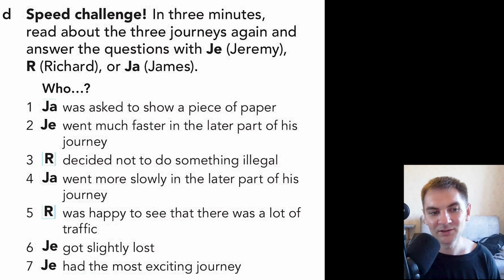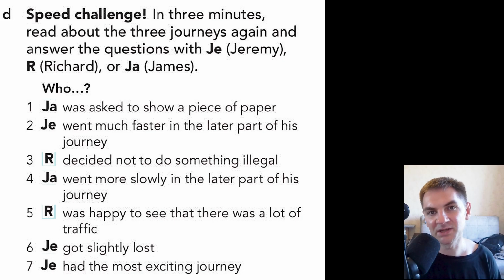Next is, who was happy to see a traffic jam? Of course it was Richard, because he was on a bike and he could use it to move faster than the traffic cars there. Next is, who got slightly lost?